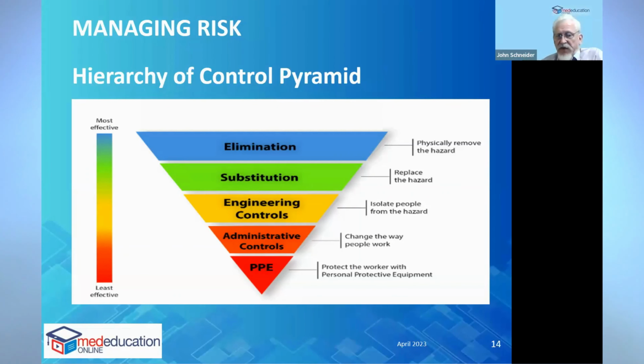The best control, of course, is elimination. Remove the hazard altogether, getting rid of the exposure to the hazard to the worker. If not, we can substitute something else that's not as hazardous if necessary. Engineering controls, perhaps to isolate the worker from the hazard.